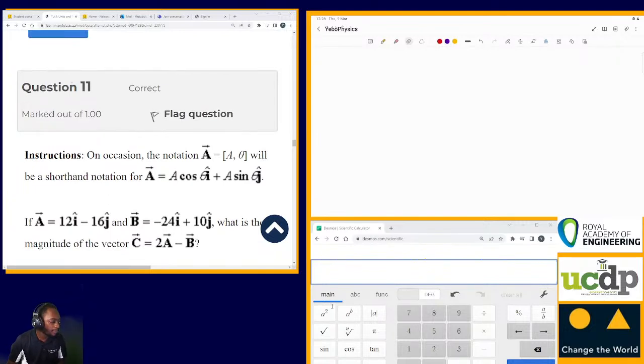First and foremost, we're given an instruction which reads, on occasion, the notation A bar can be given in that form, where A bar is A cos theta in the i direction plus A sin theta in the j direction. So in the event that we are given in that notation, we now know what to do.